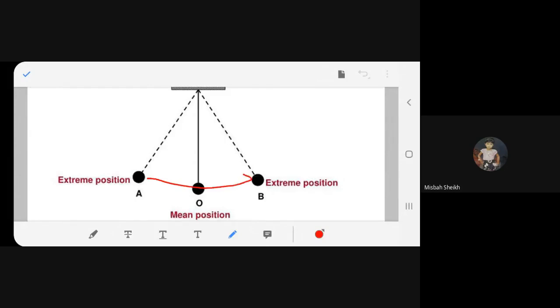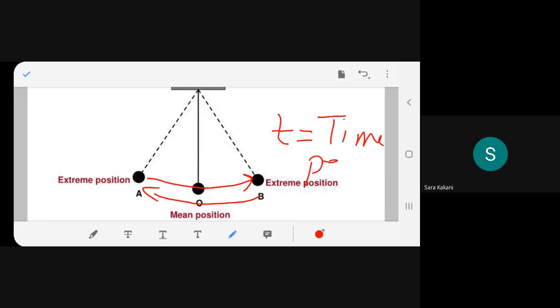A to B and B to A. So this is one oscillation. You agree with me? How much time is taken? That becomes time period. The time taken to complete one oscillation is called time period.